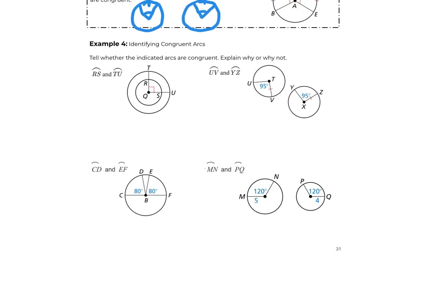Okay, so here it says, tell whether the indicated arcs are congruent. Explain why or why not. Okay, RS and TU.